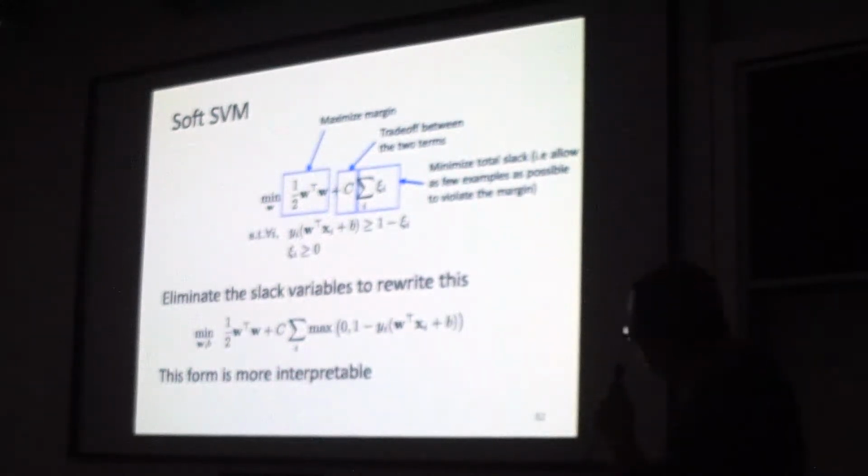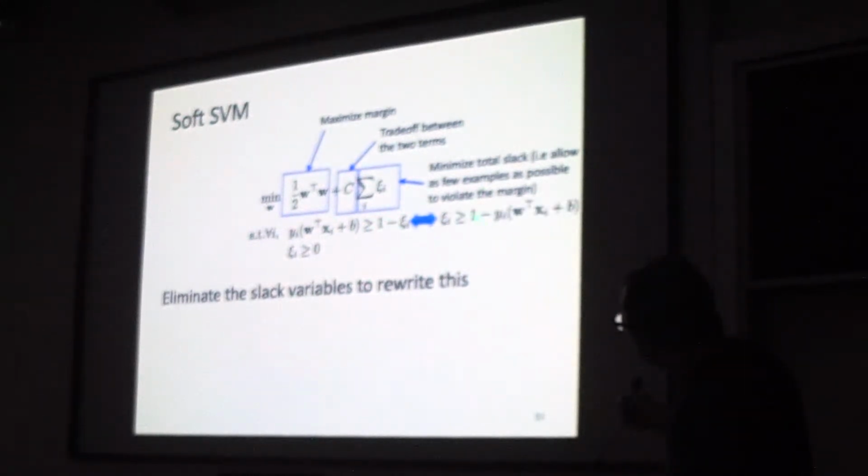Any question regarding this formulation? Okay. It just made a simplification step. We just eliminate the slack variables. And you can take the smallest value of ξi, which is the maximum between 0 and 1 minus the function margin, right?